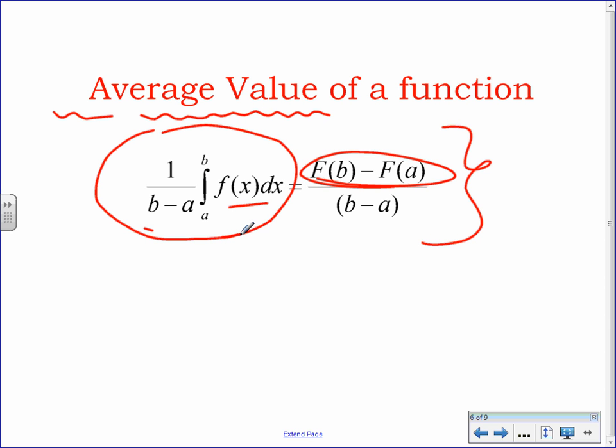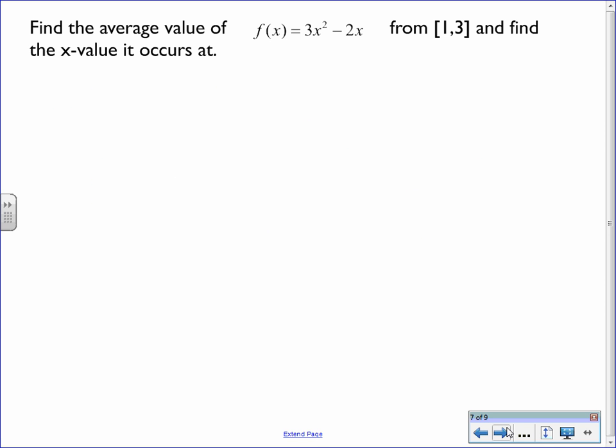But not everything's like this. Here's an example. Okay, so we want the average value of f from 1 to 3, and find the value of x where that occurs.